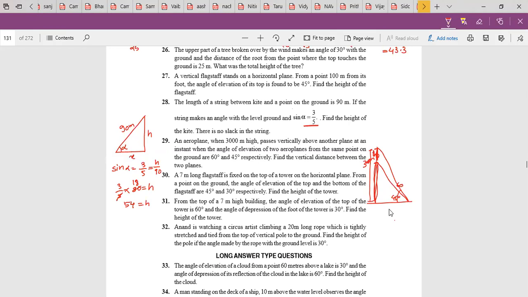Ma'am, the 31st one is 28 meters. Yes, it's 28 meters.